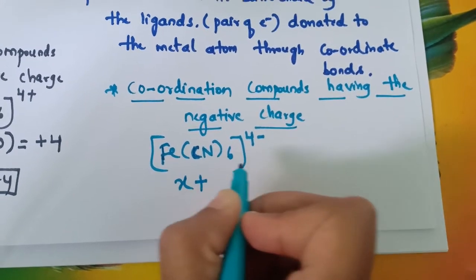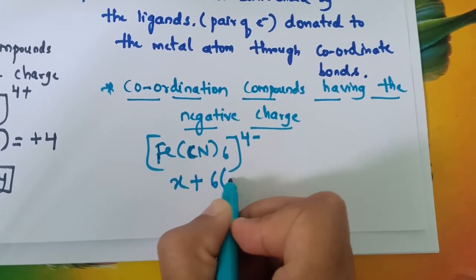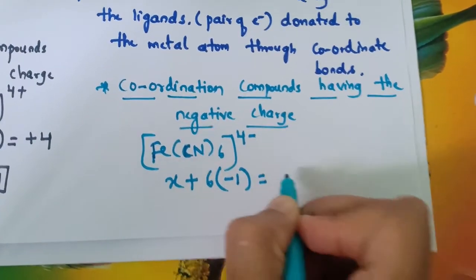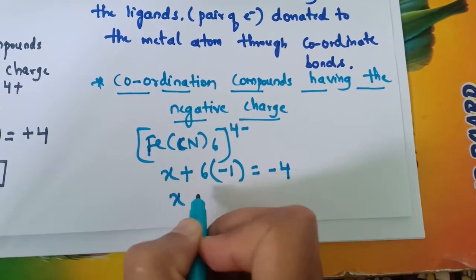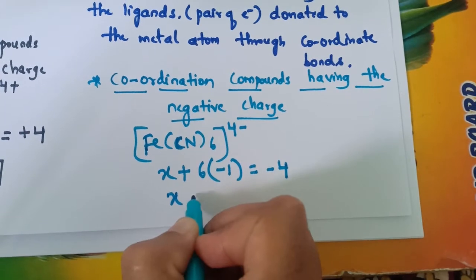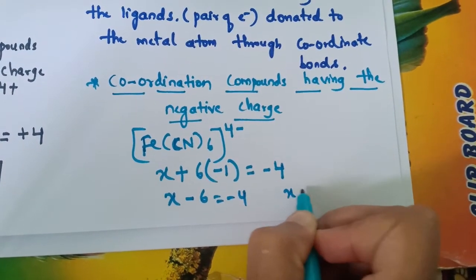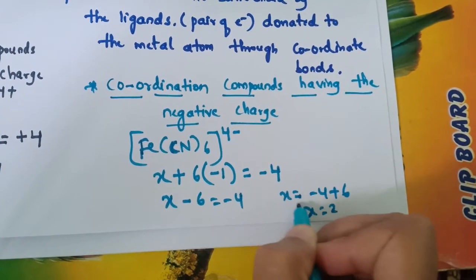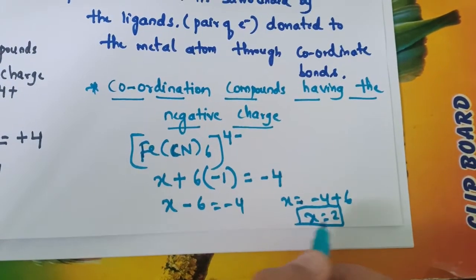How many CN are there? 6. The oxidation number of CN is minus 1, equals the charge on the complex, minus 4. That is X plus 6 times minus 1 equals minus 4. X is equal to minus 4 plus 6. X is equal to 2. That is, the oxidation number of Fe is 2 here.